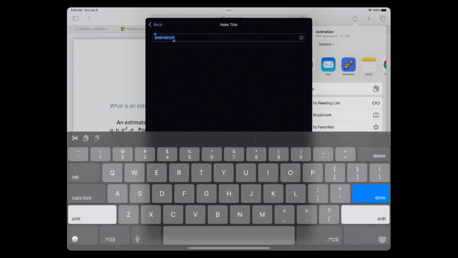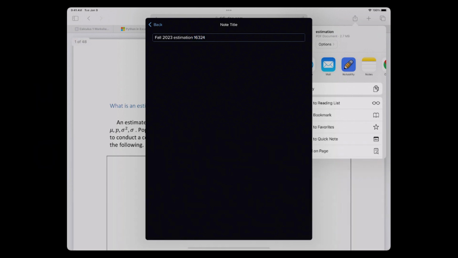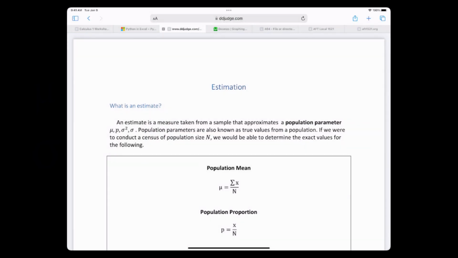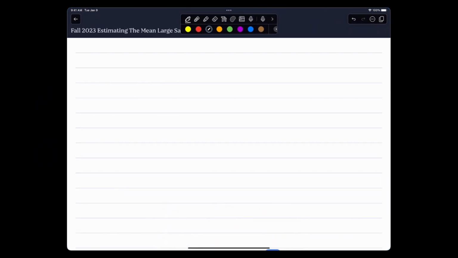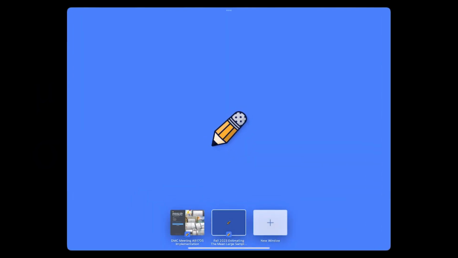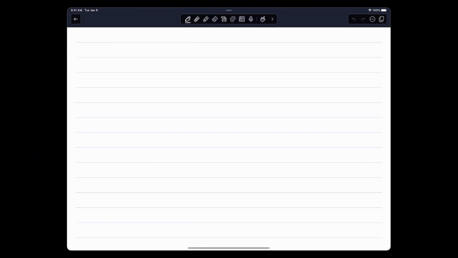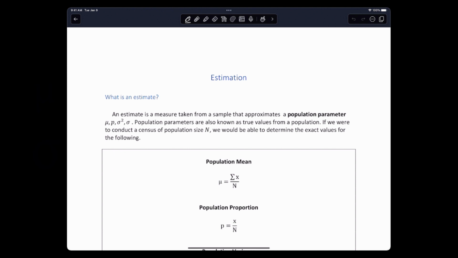And you guys are what section again? 16324. All right. Okay, we got the notes.